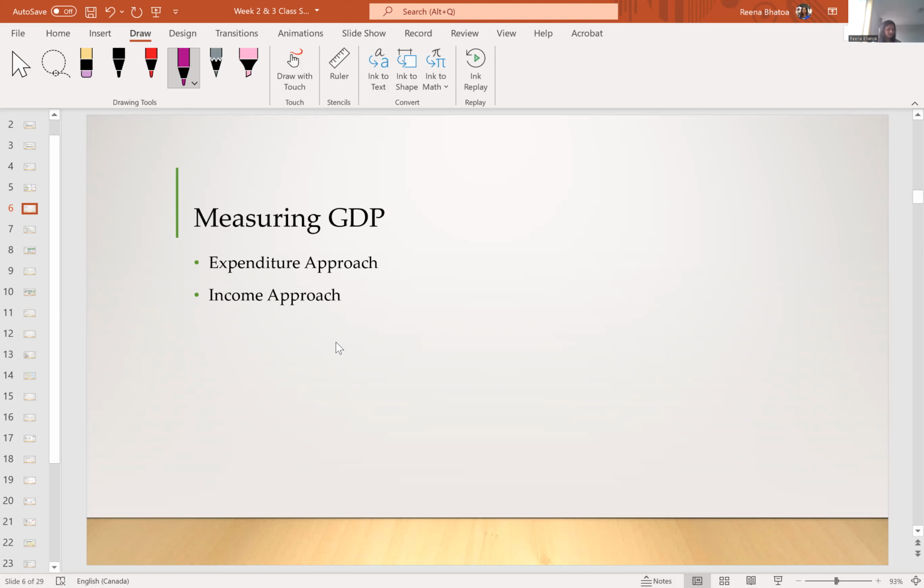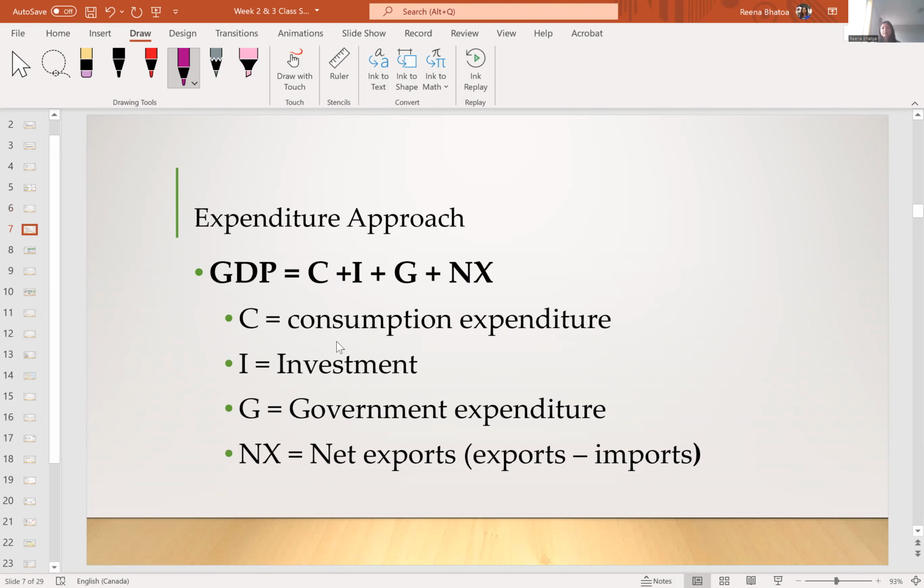Okay. So first is the expenditure approach. If you remember last week, we did study up till this point, GDP is equal to C plus I plus G plus NX, where C is the household consumption expenditure, I is businesses or firms investment expenditure, G is government expenditure, and NX stands for net exports, which is the spendings by rest of the world.